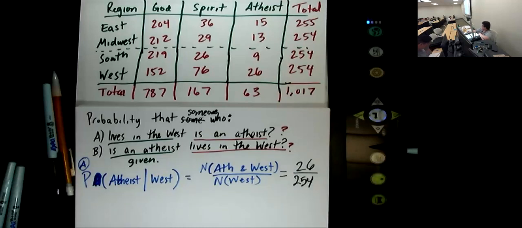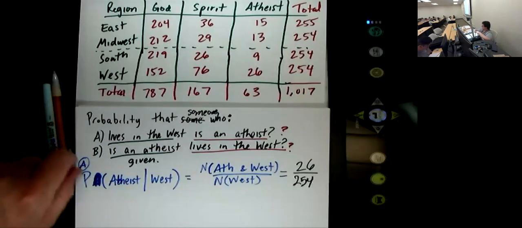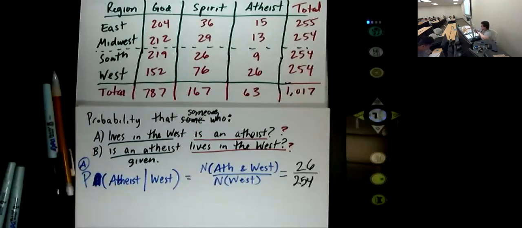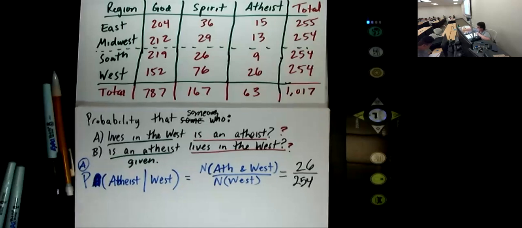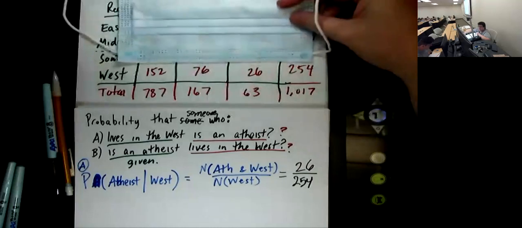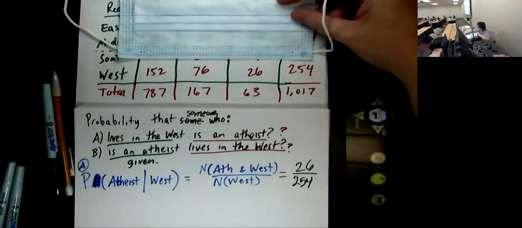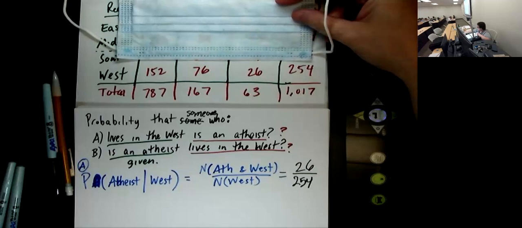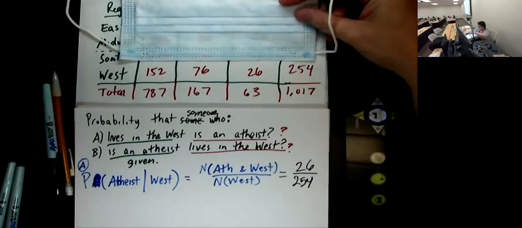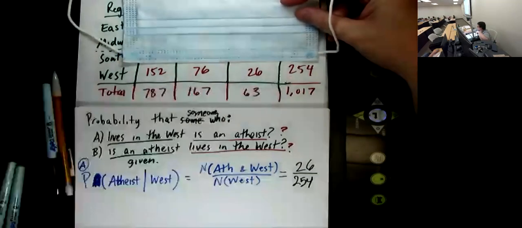That'll be our probability. That's our answer. Lives in the West, what you're basically doing is blocking out all the other stuff you don't need. We don't need anything up here. We just need this row for the West. And we're looking at this information right here. 26 out of 254.